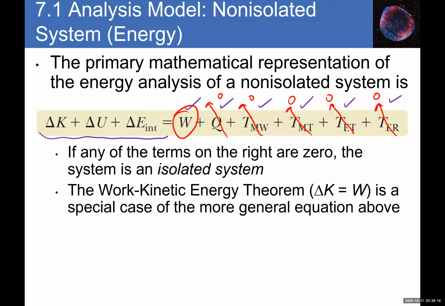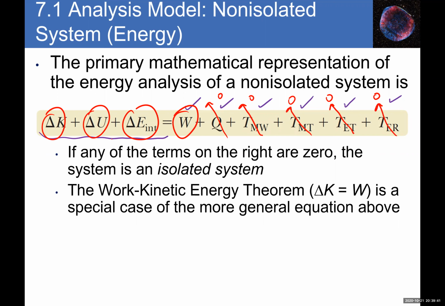And work, remember, is just some kind of external force pushing or pulling the system, and when the system undergoes some kind of displacement, it can go into changing kinetic energy or potential energy or internal energy, depending on the type of problem you have. Right.